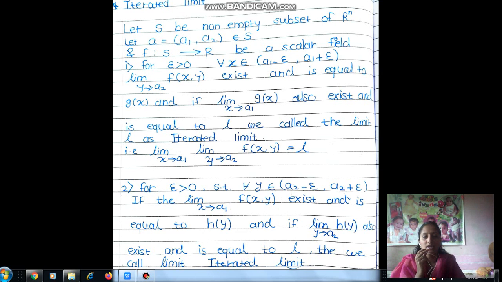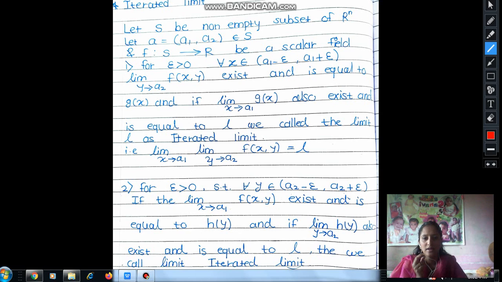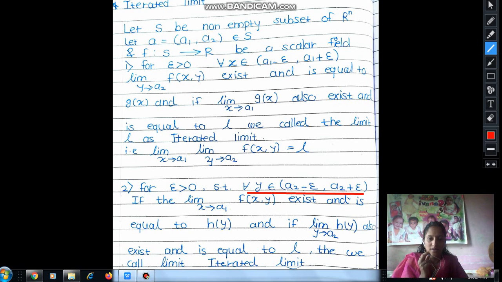x belongs to (a1 minus epsilon, a1 plus epsilon). In that epsilon neighborhood, the limit of the function f exists. Okay. For epsilon greater than 0, such that for y belongs to (a2 minus epsilon, a2 plus epsilon), that is, y belongs to that neighborhood of a2, then limit x tends to a1 of f of xy exists.